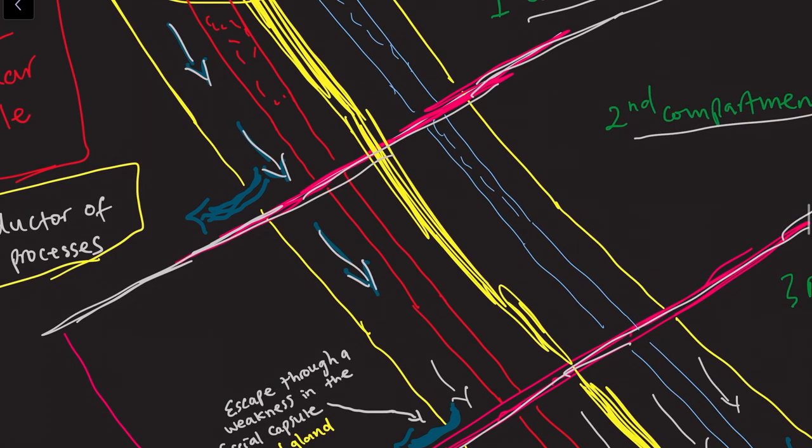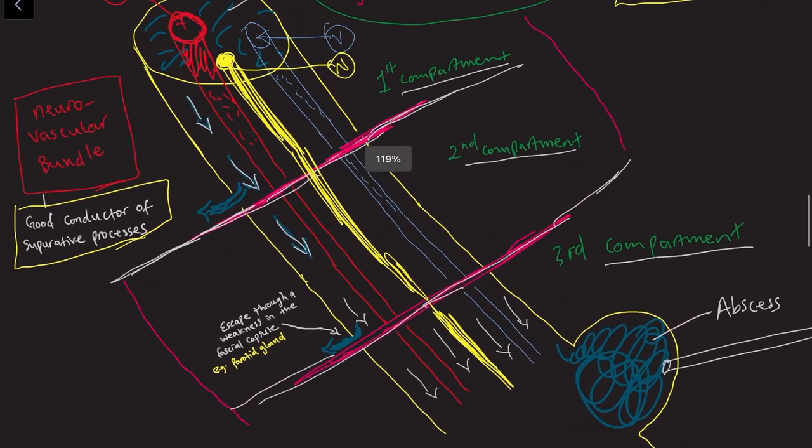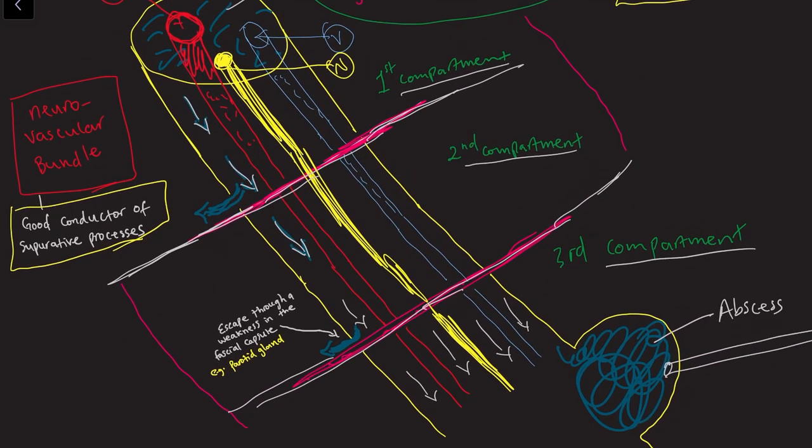So the neurovascular bundle is a pipe that flows with water, begins to flow with pus, and that pus crosses over from one compartment to another compartment. That pus can move to the nearest compartment, or it can even move further to compartments far away.